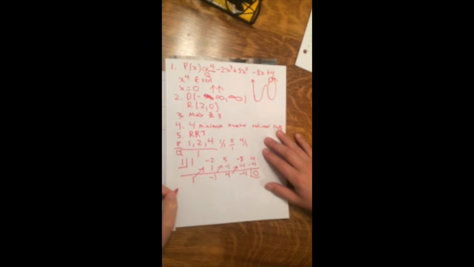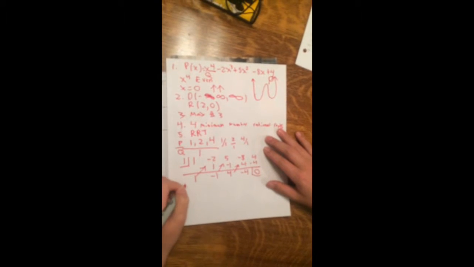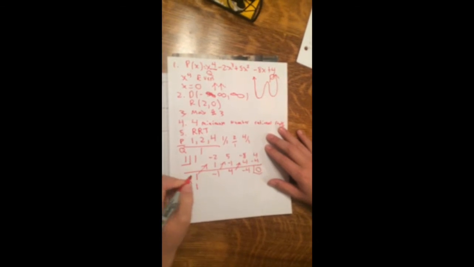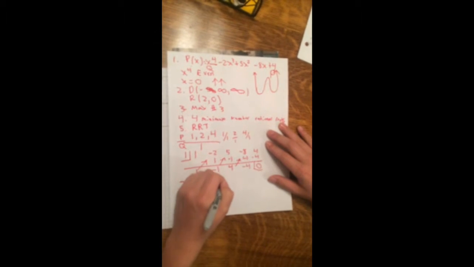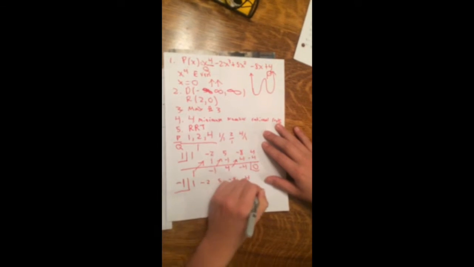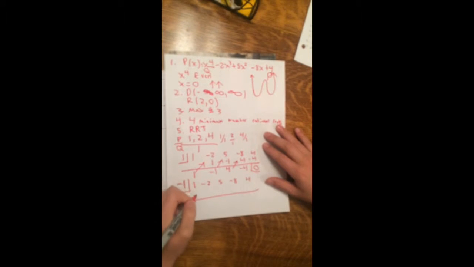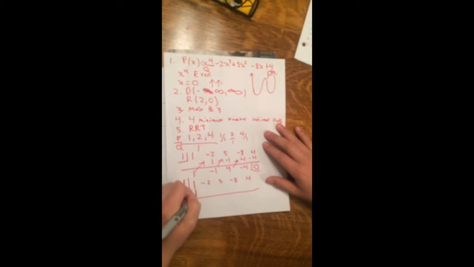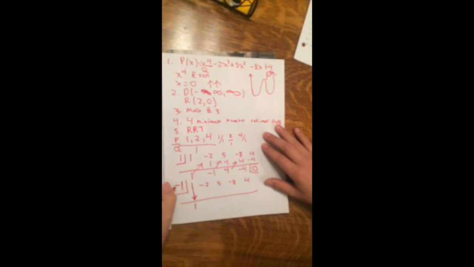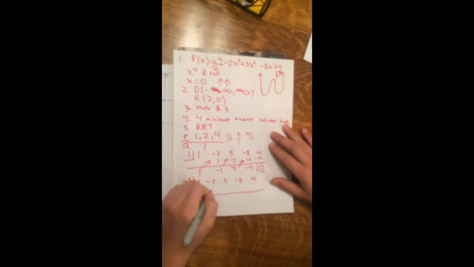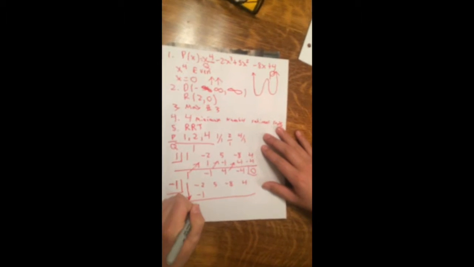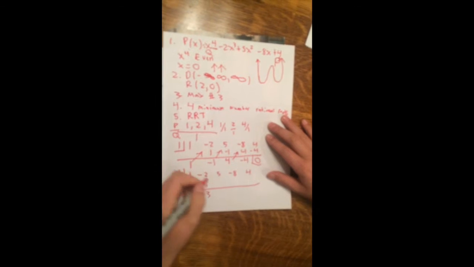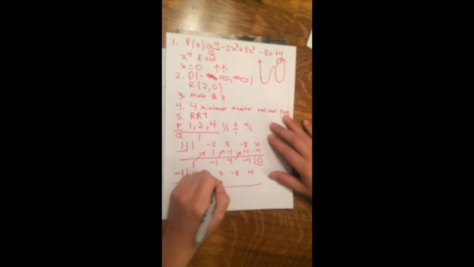Let's just try one more in case this doesn't come out as correct. So let's try negative 1. So 1, negative 2, 5, negative 8, and 4. Same exact thing. So you carry down the 1. So it's negative 1 times 1, which is negative 1. So then negative 2 plus negative 1 is negative 3. Negative 3 times negative 1 is positive 3.